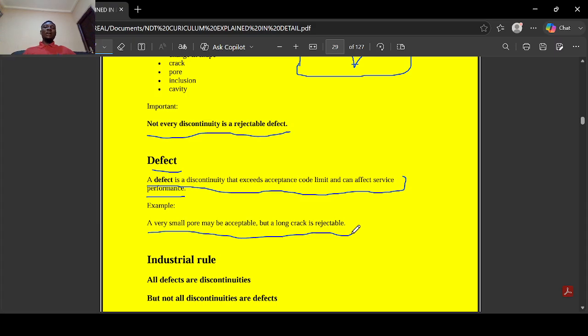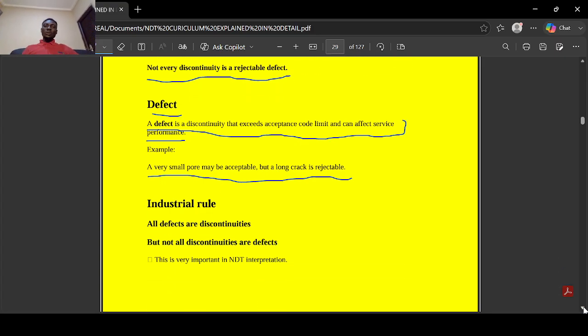The same thing goes for every material we are inspecting, like a pipe. If there is a crack, cracks can easily expand. So it's very paramount that when you see a crack, it's rejectable. You arrest it, you recut that weld and re-weld it. I believe you will understand it.